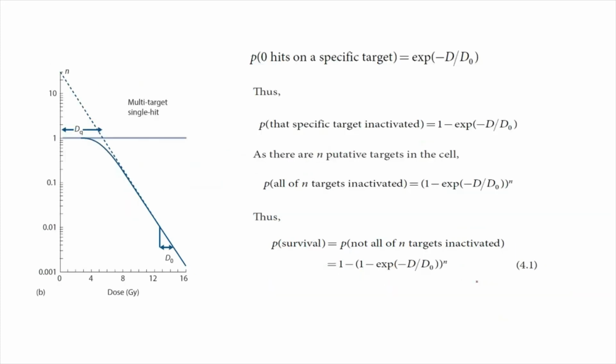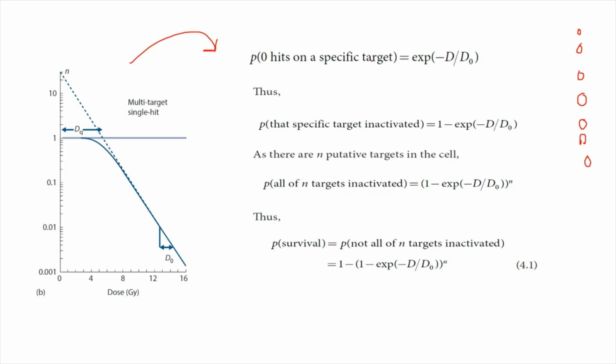But now let us explain how this derivation is being done over here. For probability of having 0 hits on a specific target, as we know, the probability of survival is equal to exponential of minus D by D naught. For the probability that a specific target is being inactivated, for example, in the multiple target model we have n different targets which need to be inactivated for the entire cell to die.